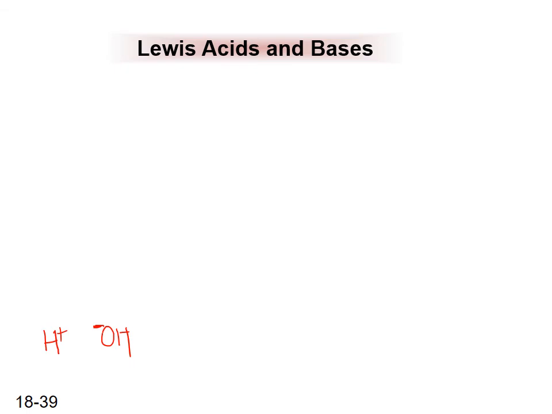In Bronsted-Lowry theory, we look at the reason why a proton and hydroxide react: it is because the hydroxide has a lone pair of electrons that can react with the proton. In other words, it can accept a proton.